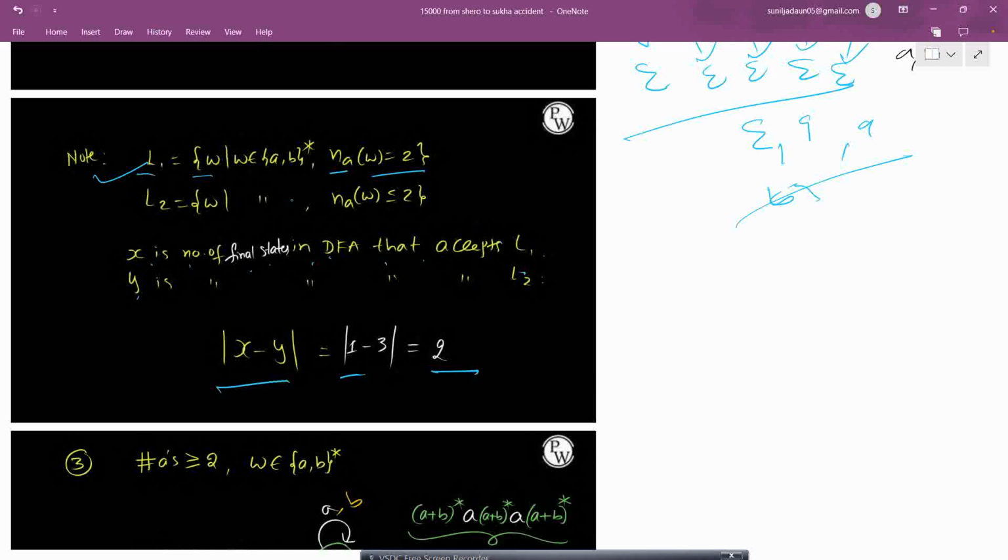So what is the point of doing this, right? So equal to 2 and less than or equal to 2, minus the number of final states required to do this, minus the number of states required to do this, final state is equal to the L itself.